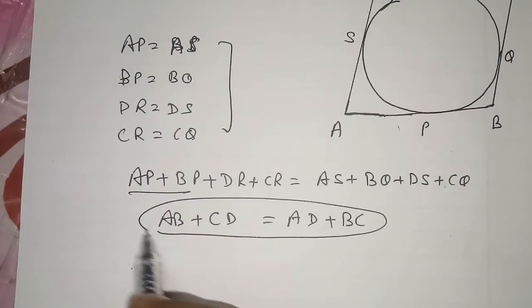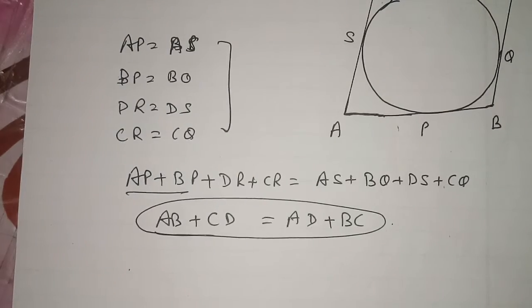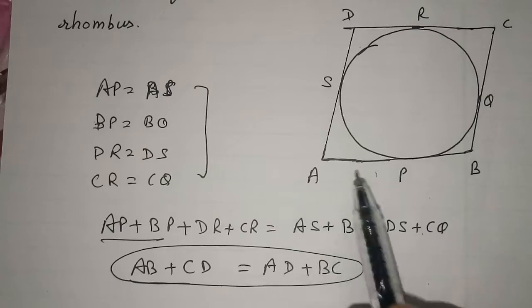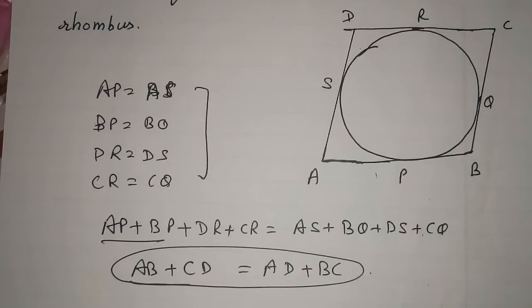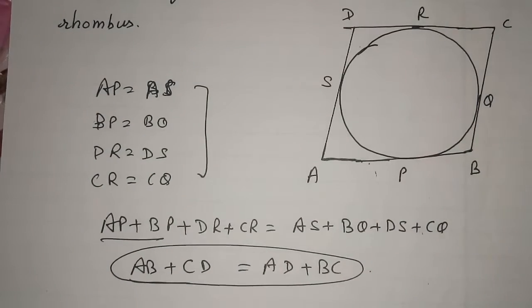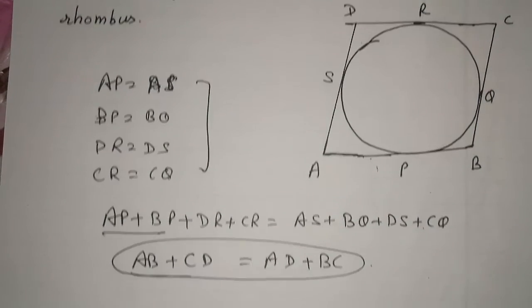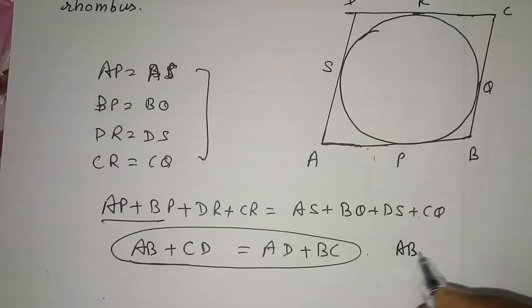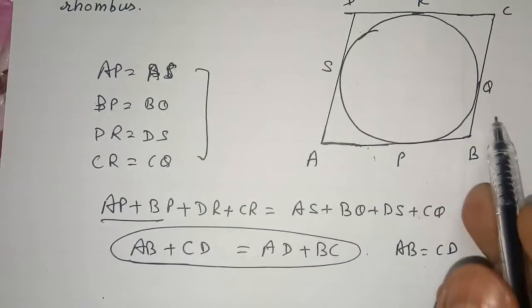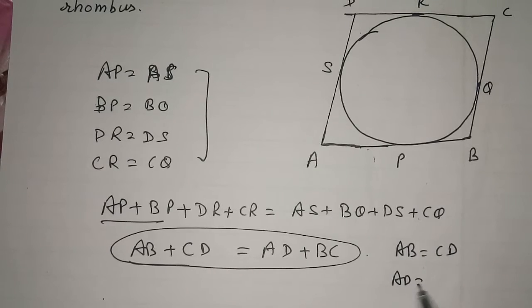Now we use the condition of a parallelogram, that opposite sides are equal. Opposite sides means AB equals CD, and the opposite side of AD is BC, so AD equals BC.